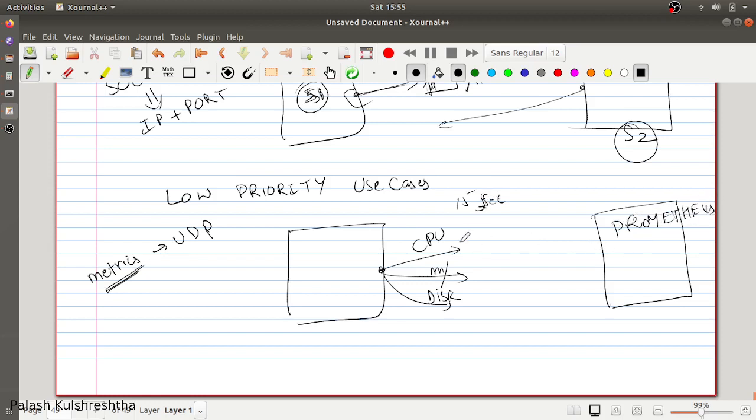Even if one or two packets drop, even if 99% connectivity is there, it is okay, because some packet drops are not going to have that great an impact, and they are going to use fewer resources, so that is cost efficient for you.